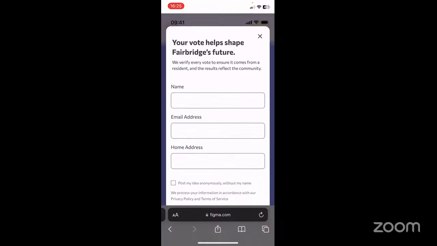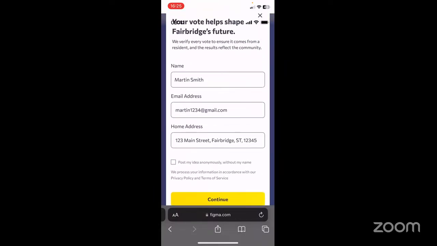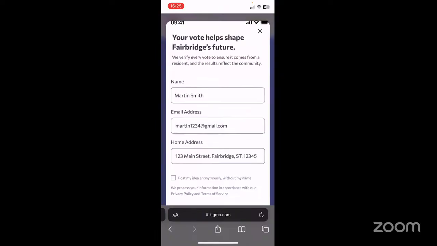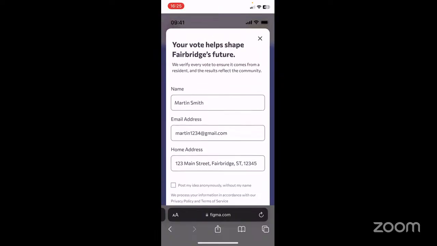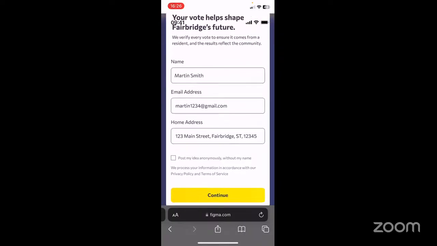So I need to enter my info for my vote to count. What do you think based on what you see here? Yeah, makes sense. How do you feel about having to provide that information?